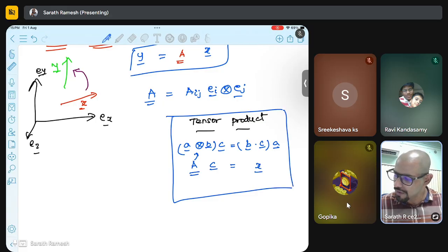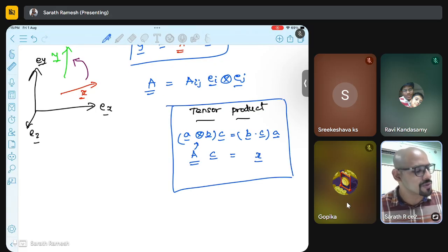Now when we expand this using index notation, i and j are dummy indices, so we have to sum from 1 to 3.